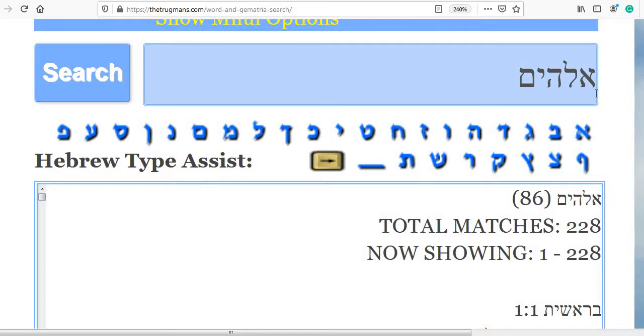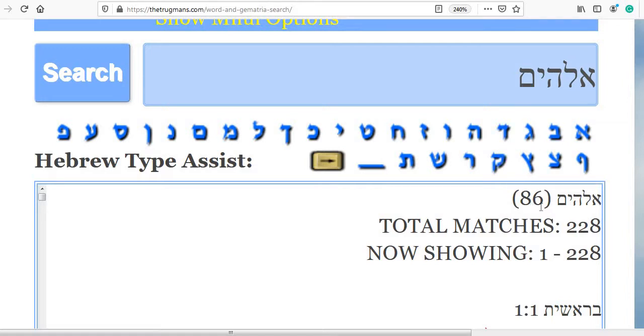Every single letter is conveying information. So let me show you how precise and how statistically sound and just remarkable the Torah can be when it comes to numbers, gematria, and statistics in regards to this name.